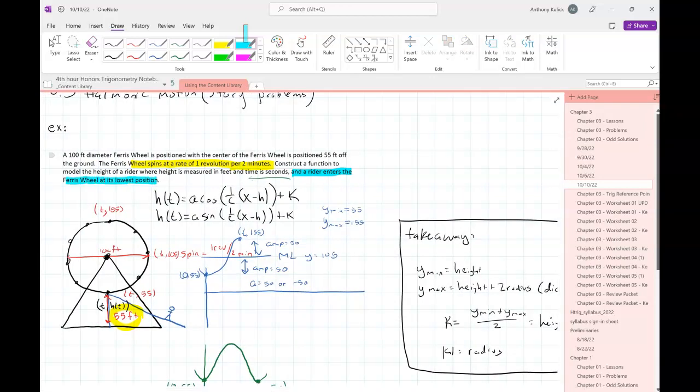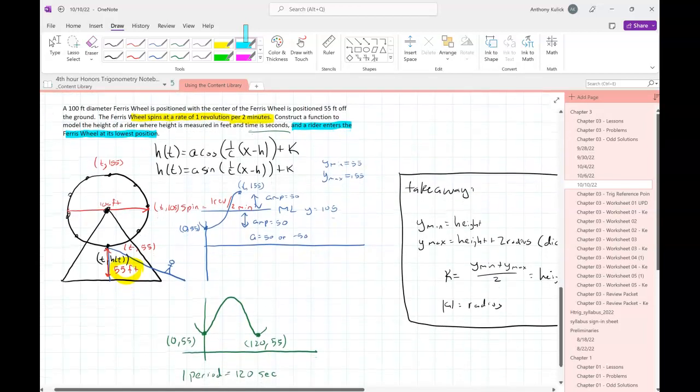That the rider enters the Ferris wheel at its lowest position. So this is the point that needs to be on my function. What kind of point is 0, 55? It's a minimum. So should I use sine or cosine for that? Cosine.